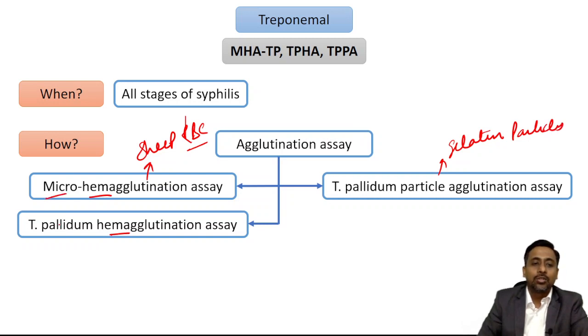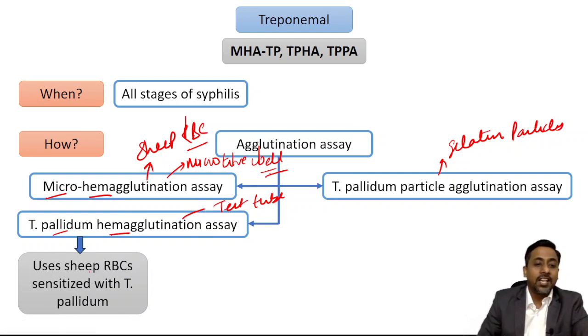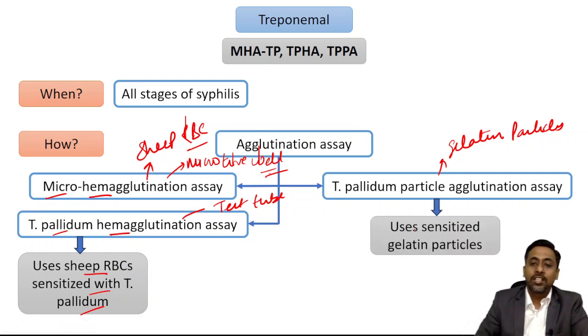What is the difference between these two? The Treponema pallidum hemagglutination assay is performed in a test tube, and the microhemagglutination assay is performed in a microtiter well. They utilize sheep RBC sensitized with Treponema pallidum, while the particle assay uses sensitized gelatin particles.